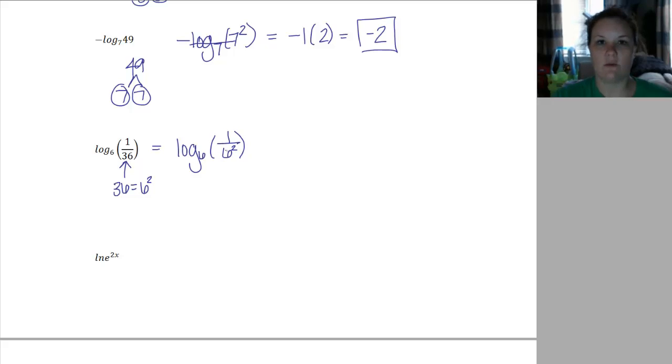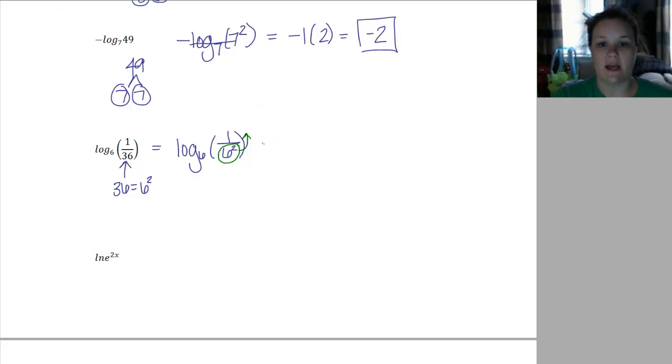Okay, so I just want to write it with an exponential base 6. And then I can't cancel yet because I don't have just a 6 in there like I did on the last one, just having a 7. I have 1 over 6. So I need to move that 6 to the top. Remember, whenever we move our exponential bases across the fraction line, it changes the sign of their exponent.